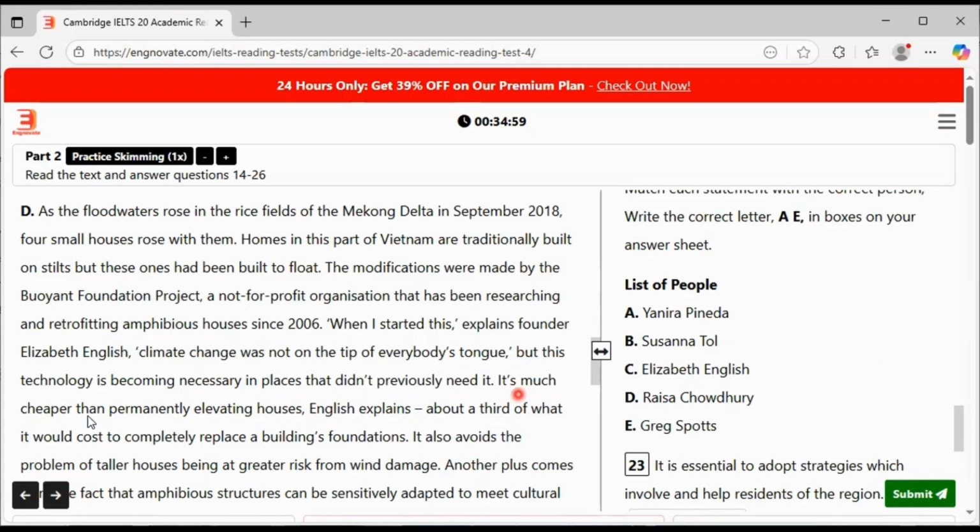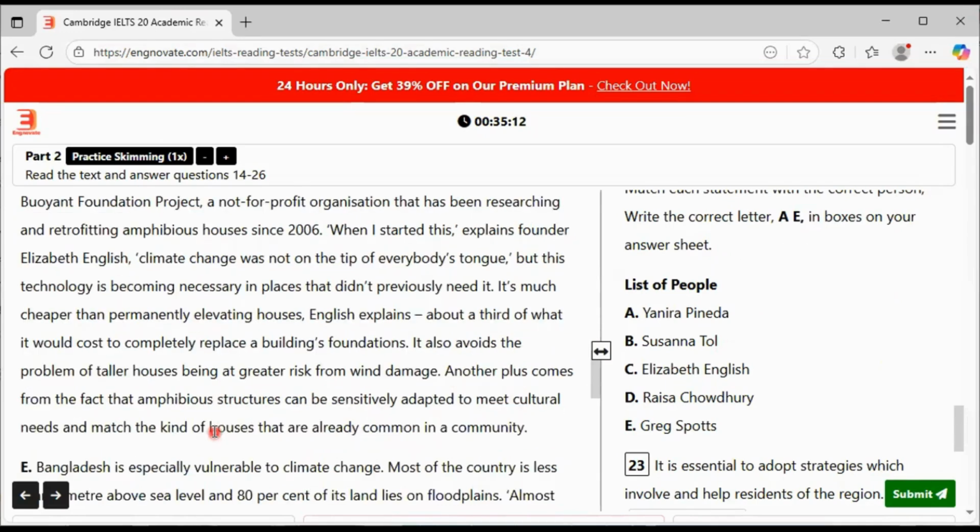It's much cheaper than permanently elevating houses, English explains. About a third of what it would cost to completely replace a building's foundation. It also avoids the problem of taller houses being at greater risk from wind damage. Another plus comes from the fact that amphibious structures can be sensitively adapted to meet cultural needs and match the kind of houses that are already common in the community.